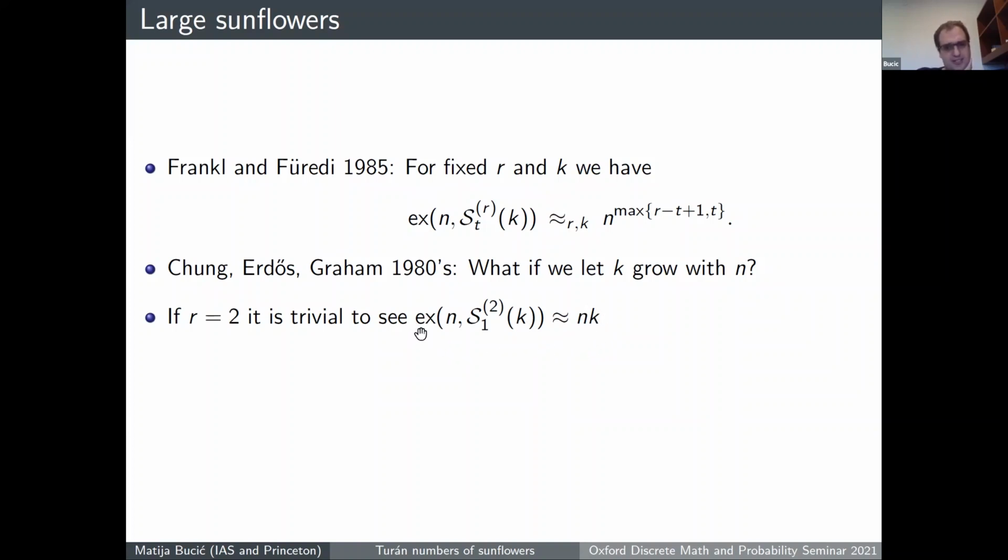But note that this is an observation which is actually used quite a lot, and we just use it without thinking. Whenever you have a graph which has maximum degree k, we automatically say it has at most nk edges. And we often use this with k growing with n. So we want to be able to plug in root n here, and this is often very useful.